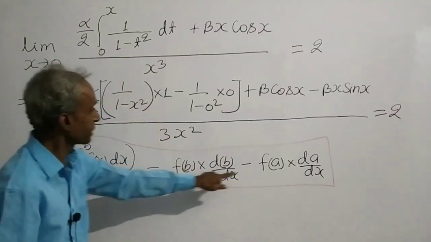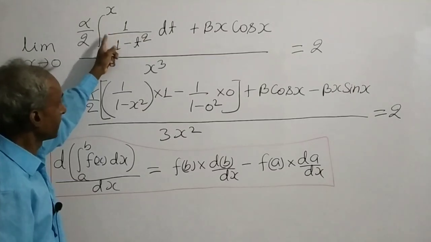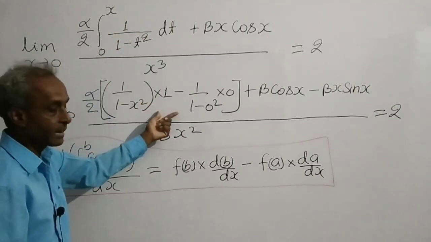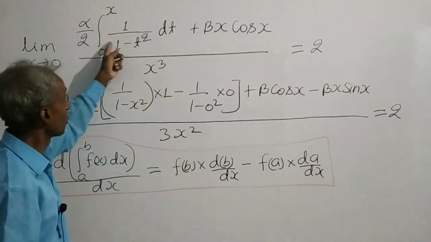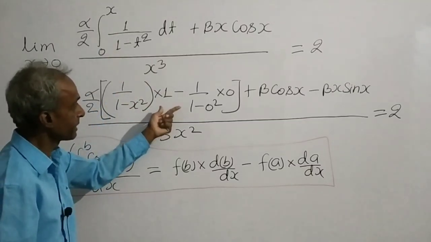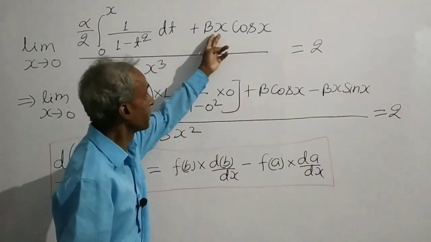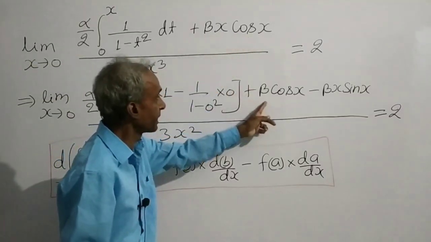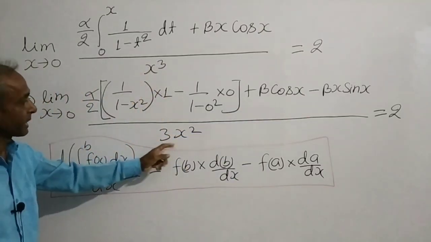By using this formula, after differentiating this definite integral, we write the differential coefficient of this definite integral inside this bracket. Then we differentiate beta x cos x. Beta is a constant. Then we differentiate x cube.